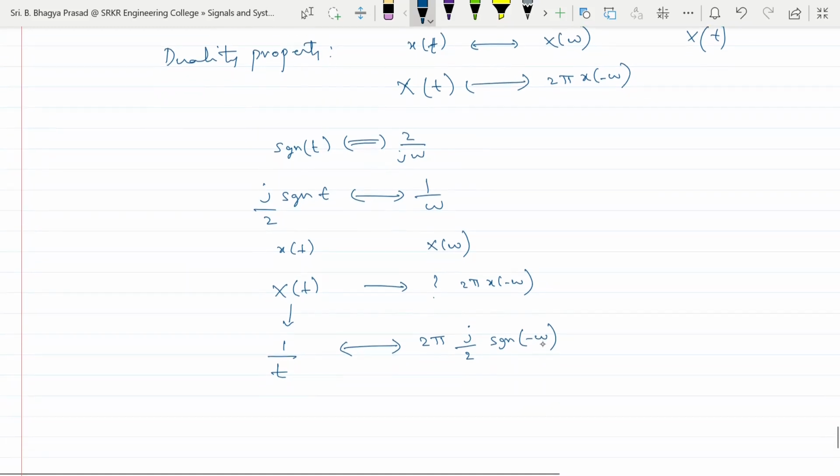So the Fourier transform of 1 by t will be 2 pi j by 2 sgn of minus omega, that is j pi sgn of minus omega, and since the signum function is odd, you get minus j pi sgn of omega.